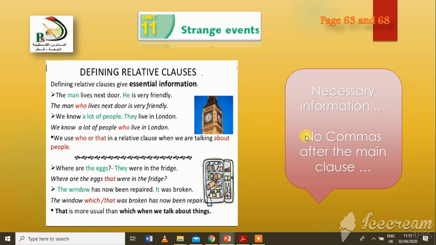The most important point which I gathered for my student is that the defining relative clause gives you necessary information, and there is no comma after the main clause. We can use who or that for a person and which or that for things. Hopefully you understood this point.